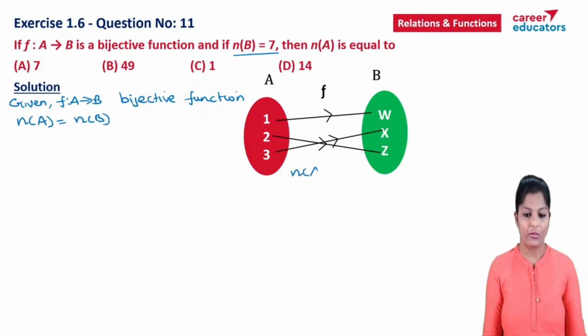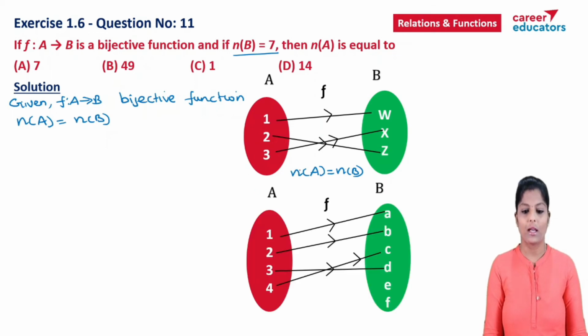So, n of a is equal to n of b. Now we can say that this function is a bijective function because it satisfies both one-to-one function and onto function, which means different elements in A having different images in B. And also each element in B has pre-image in A. So if n of A is equal to n of B, we can say that it's a bijective function.